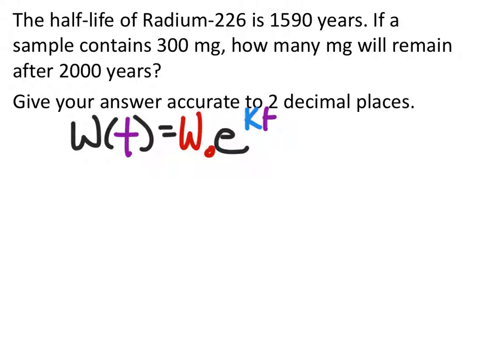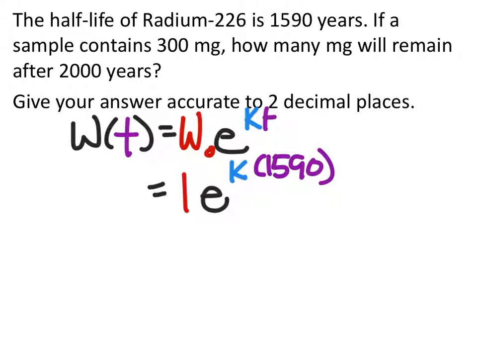So I'm going to choose 1 gram as our initial weight, and I have e to the power of k, which is what we're trying to find, but the time it would take for that 1 gram to be cut in half is that 1,590 years. So this is going to be equal to the weight after 1,590 years, which is 1/2.